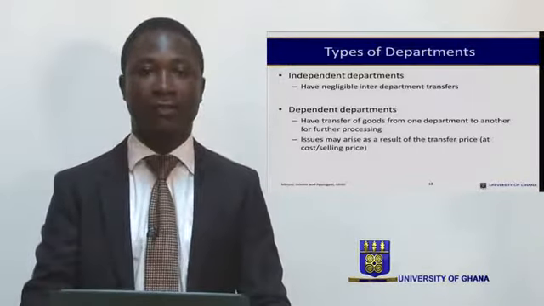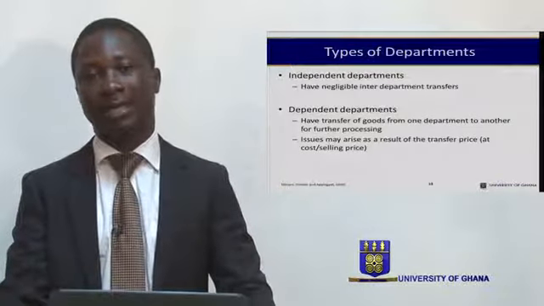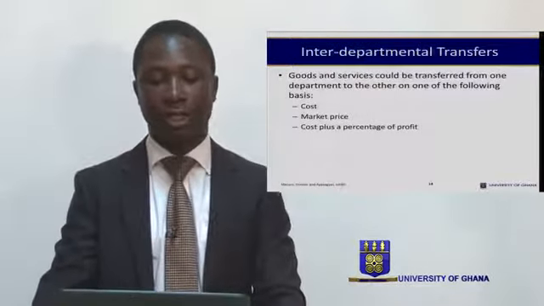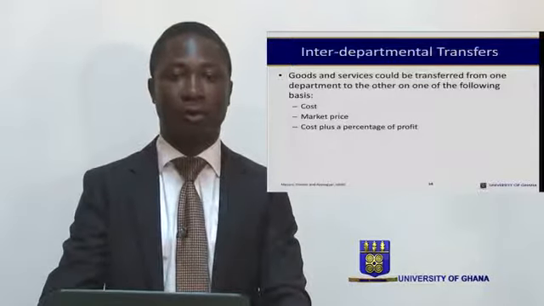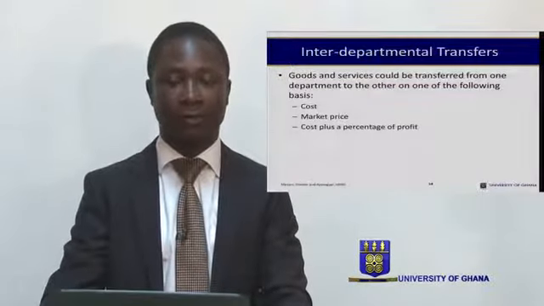But when the goods are transferred at a selling price, then we could have issues with provision for unrealized profit.